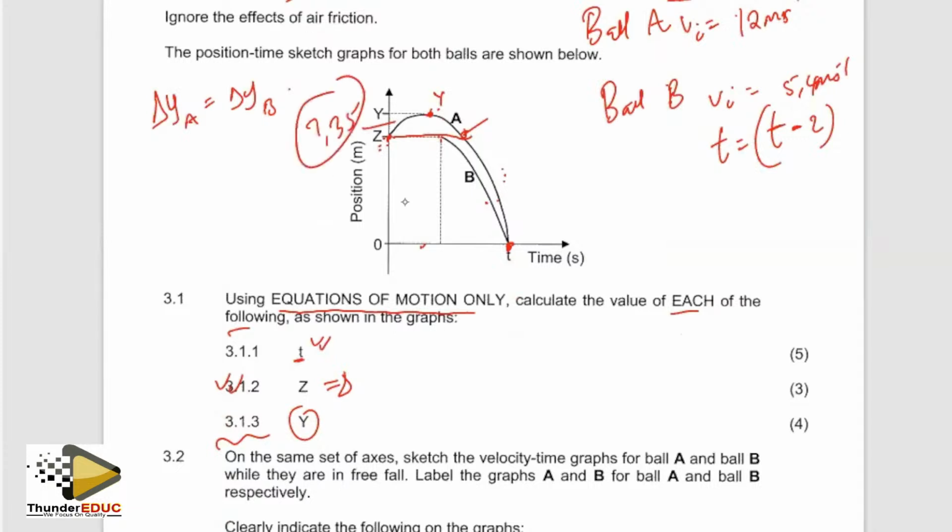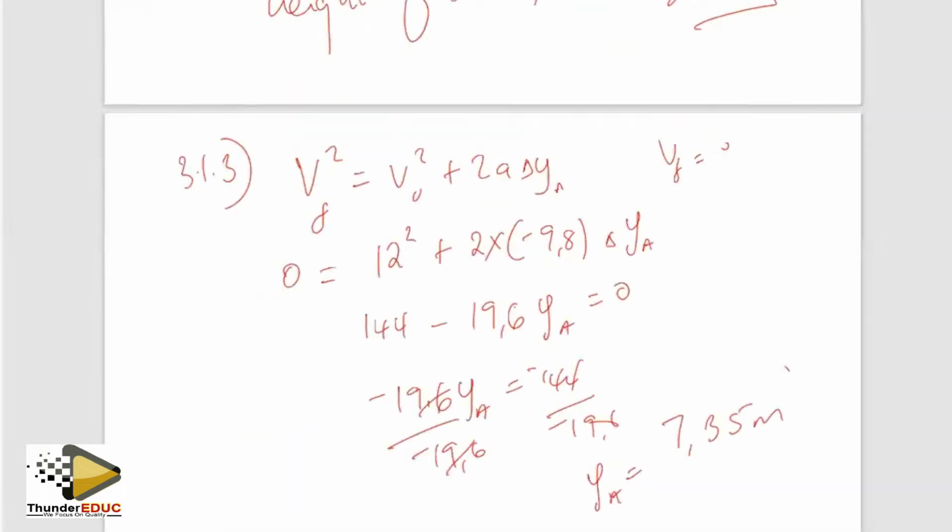Now, since I'm looking for the height from the ground, I have to add the 30,2. So 7,35 plus 30,2 gives me 37,55 meters. So this is the Y value.